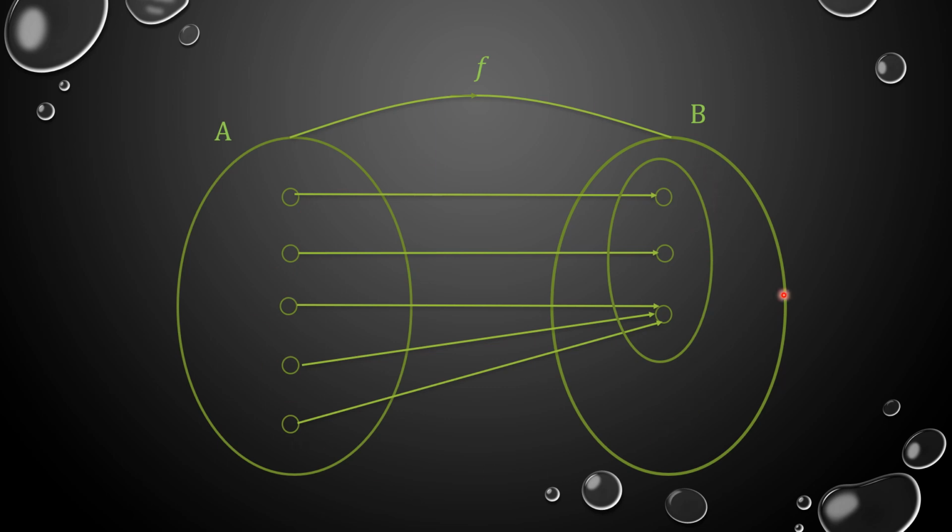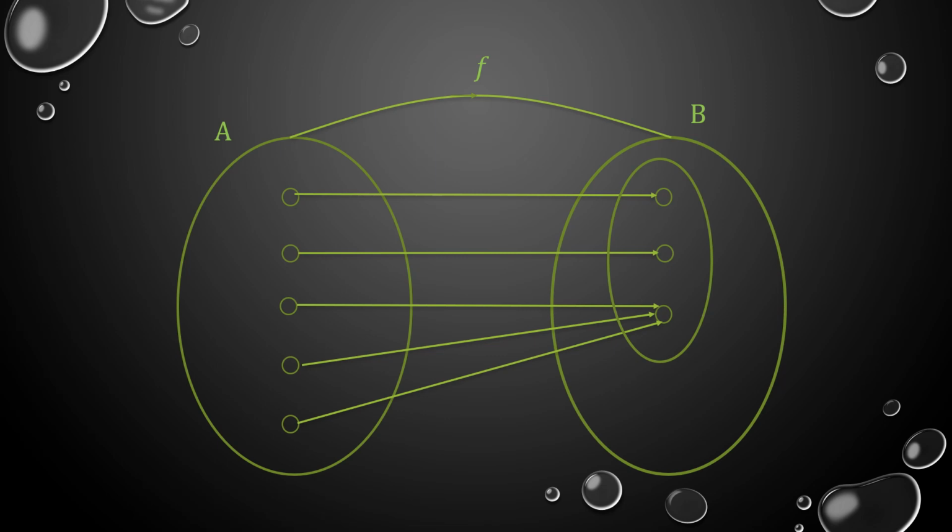So to check whether a function is onto or not, there are basically 2 ways. Number 1 is to show whether for all the elements in the set B, we have a pre-image in A or not.